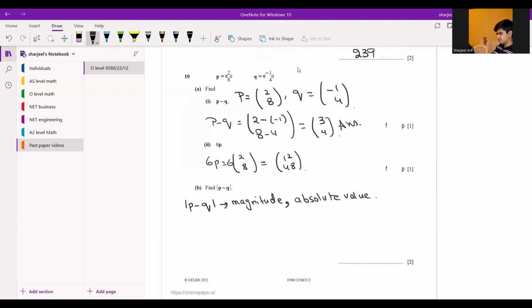For this one, we have the value of P minus Q, which is 3, 4. We have to find the magnitude. So the magnitude will be equal to the square root of 3 squared plus 4 squared. That would be equal to 5. That would be our answer.